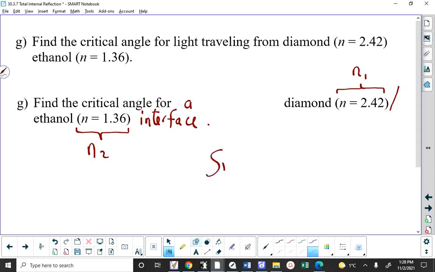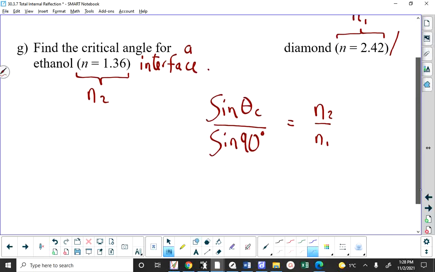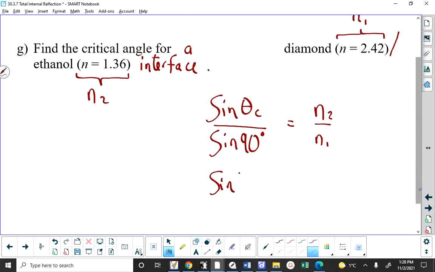So sine of the critical angle, which is theta 1, over sine of 90 degrees, which is theta 2, equals n2 over n1. We're going to get sine of the critical angle equals 1.36 over 2.42.